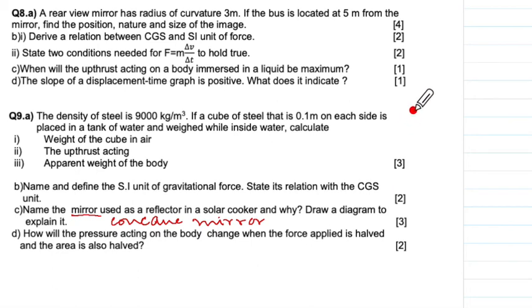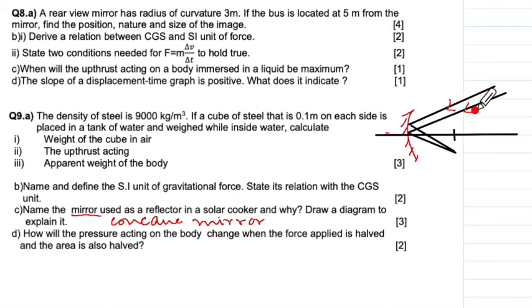So for this, you can show just a diagram like this. I'm just showing it freehand. So if the parallel rays of light are striking the concave mirror, if this is the principal focus, then the image will be formed at the focal plane. This is how we will show the rays. This is our principal axis.